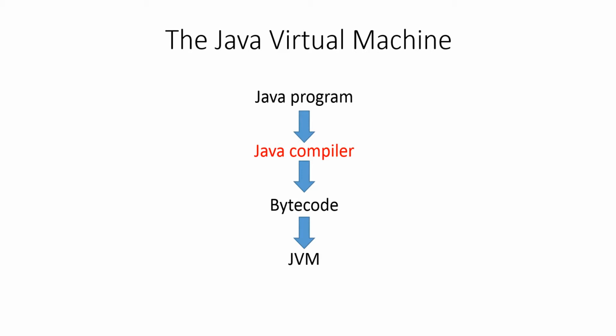It is just software that you can install on your computer. So the bytecode runs on any computer that has a JVM installed. Usually a Java program only needs to be compiled into bytecode just one time, and it can run on any computer that has a JVM installed.